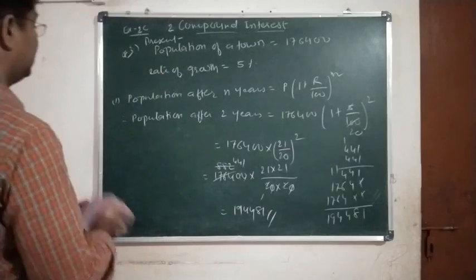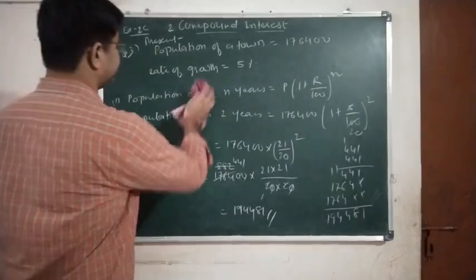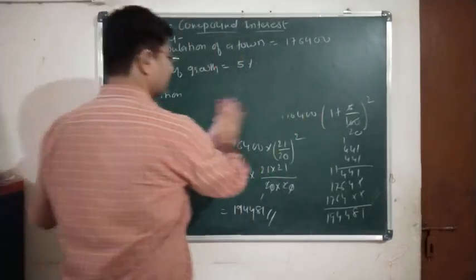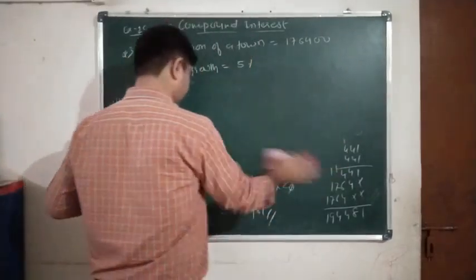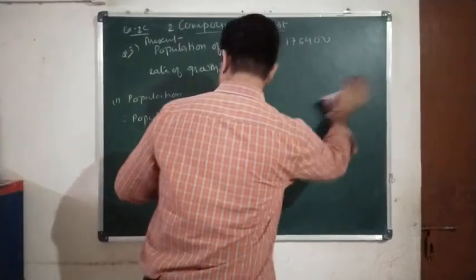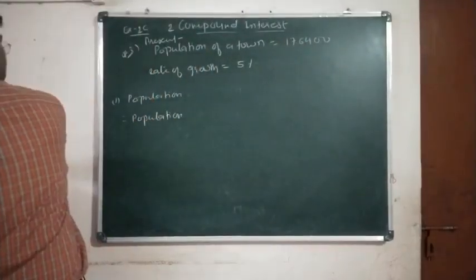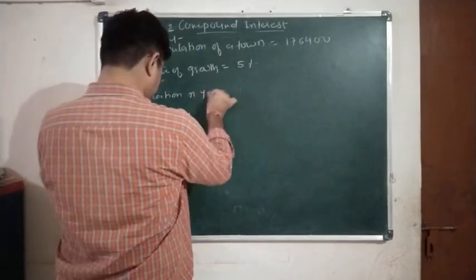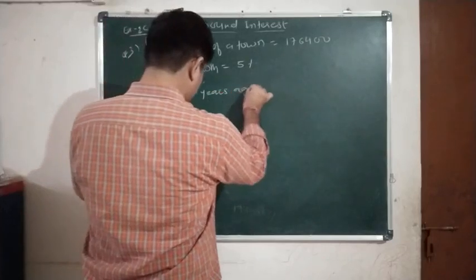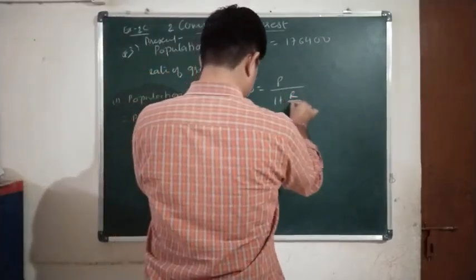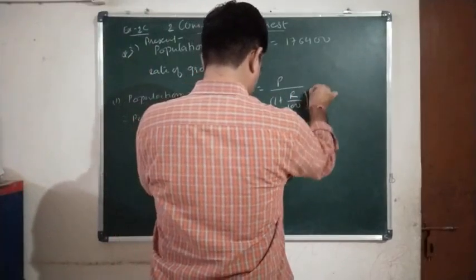For that we will use a different formula. Population n years ago will be given by P upon 1 plus R upon 100 raised to n.